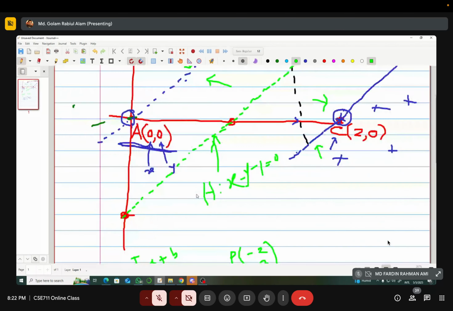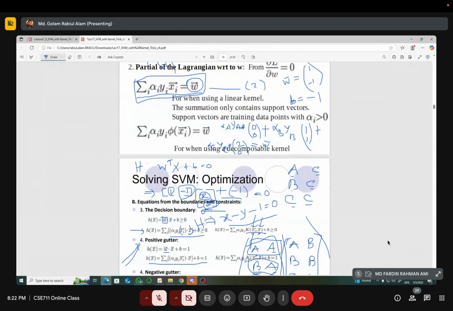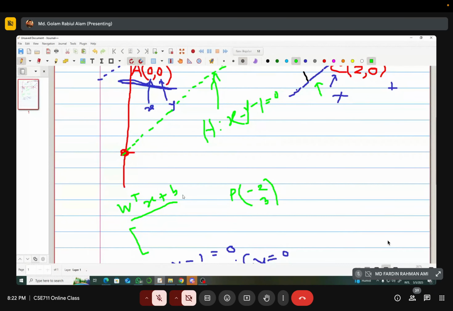We have already determined W is 1 and -1.